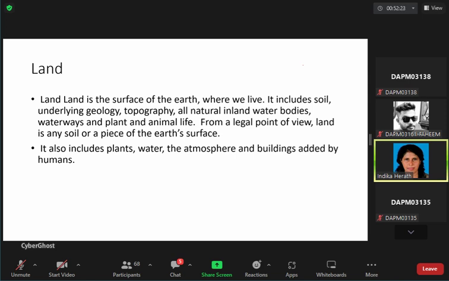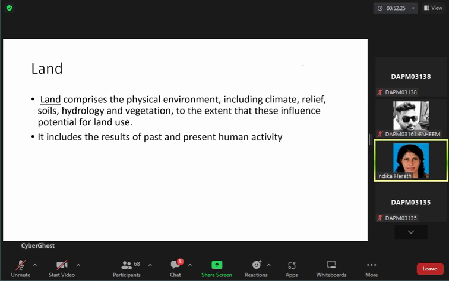Right? So when we talk about land, for us to learn easily, we categorize the things that are present in the land. It comprises the physical environment, including climate, relief meaning slope, and the soils present in it, and then hydrology, vegetation, and those things.